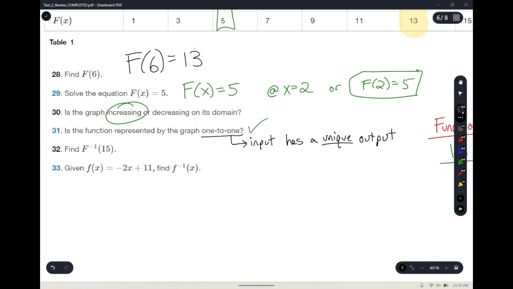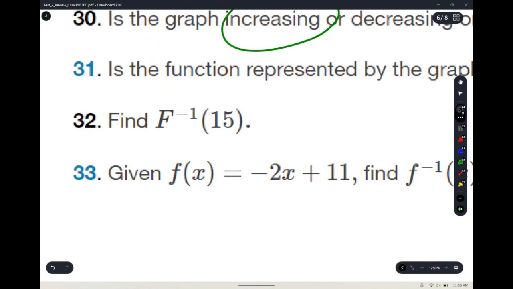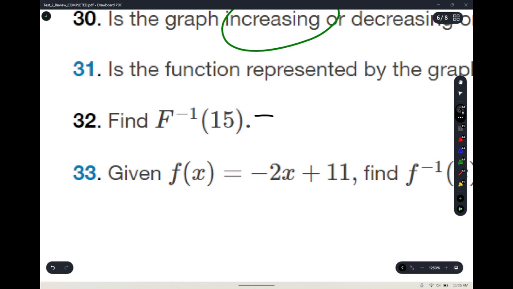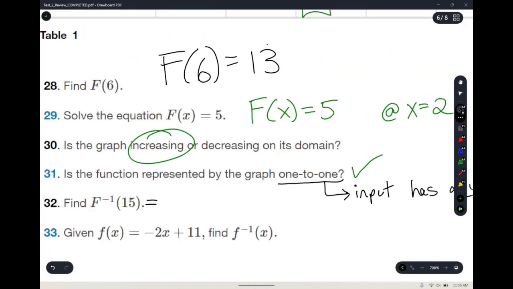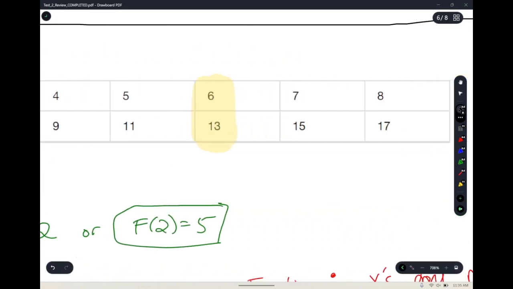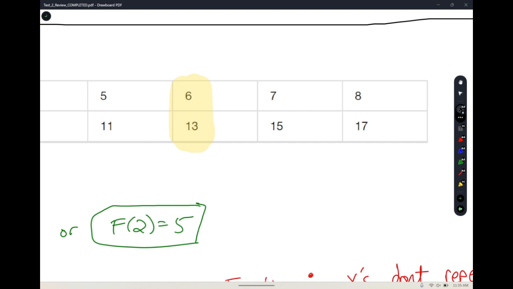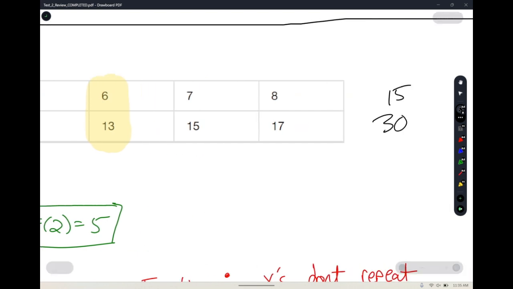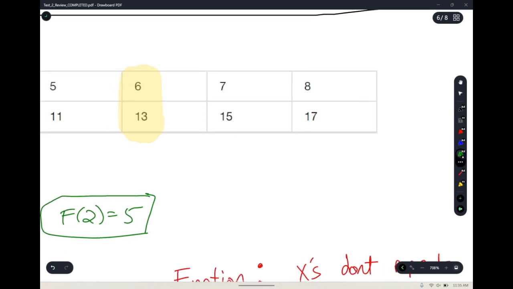Ooh, they gave us the same exact question as before, but with the ugly little nomenclature. What's the inverse of 15? You can't see. Let's go find it. The inverse of 15 is... Oh, that's nice that they didn't give us the other 15 to be scared with. Like this 15 turns into 30 or something. The inverse of 15, because it means go backwards, right?